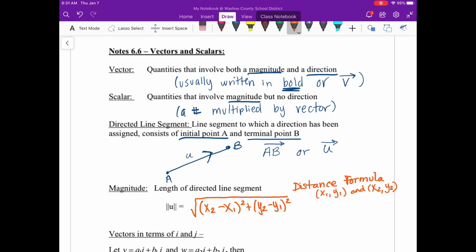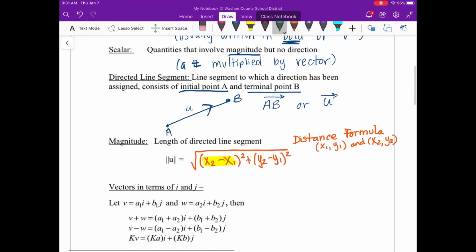We are going to be applying this distance formula, but now we're calling it magnitude because it's specific to vectors. What we're going to do with these values, x2 minus x1, we're going to call that something else, and we're going to refer to this as A, essentially combining it and making it one letter. And then we're going to combine this and make it another letter, that's going to be B for us. It doesn't really matter which letter we use.